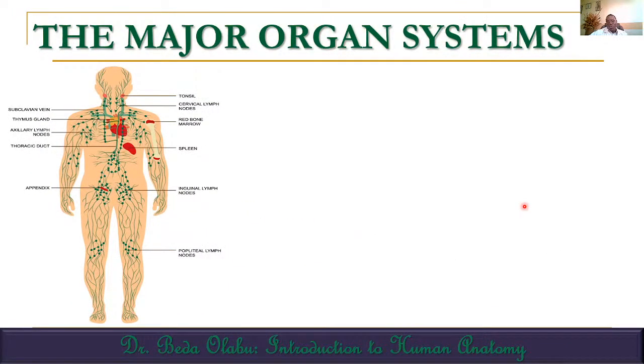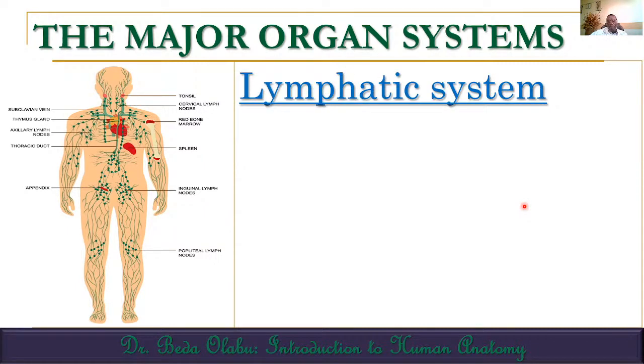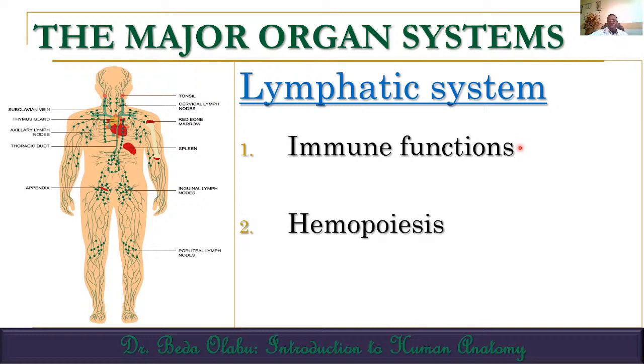Closely related to those two systems is the lymphatic system. When you talk of the lymphatic system, we are referring to this system that contains lymphoid organs, basically. So this system is primarily responsible for defending our body against infections, but it's also important in terms of being a site for formation of blood tissue.